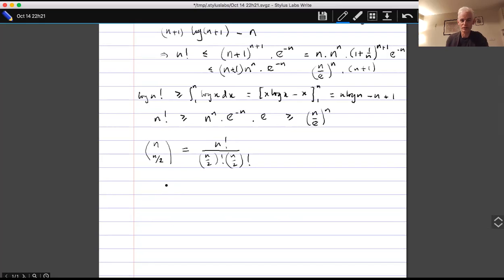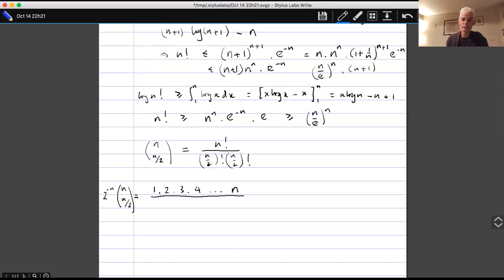We can write it as 1 times 2 times 3 times 4 up to n. I'm actually going to work out 2 to the minus n times n choose n over 2. Because that way, what is n over 2 factorial?